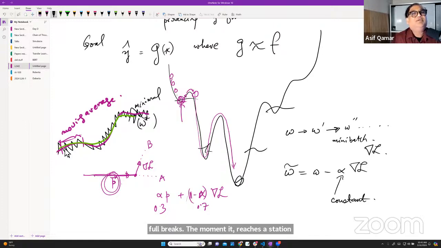Right? What vehicles do is that when they are far from the destination, they are moving pretty fast because they're comfortable in the knowledge that they are still pretty far from the destination. Right? But as they come closer and closer to the destination, they begin to slow down, isn't it?